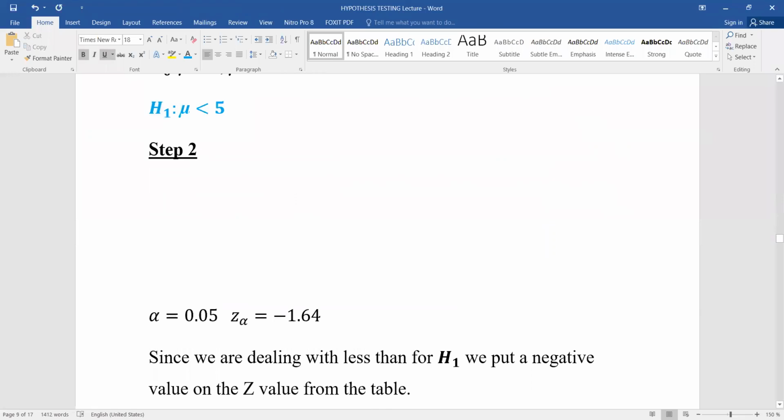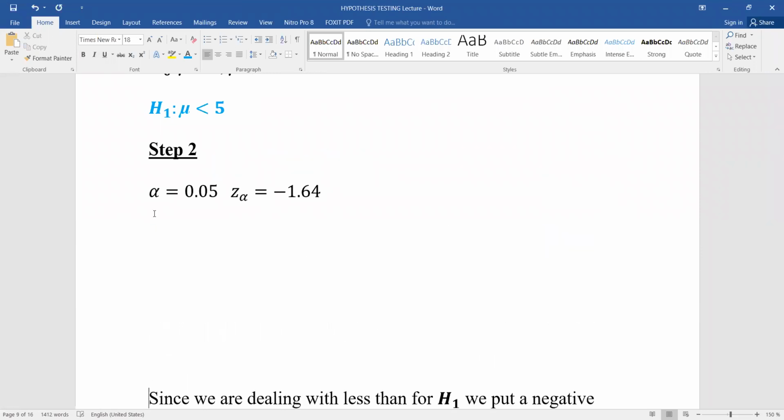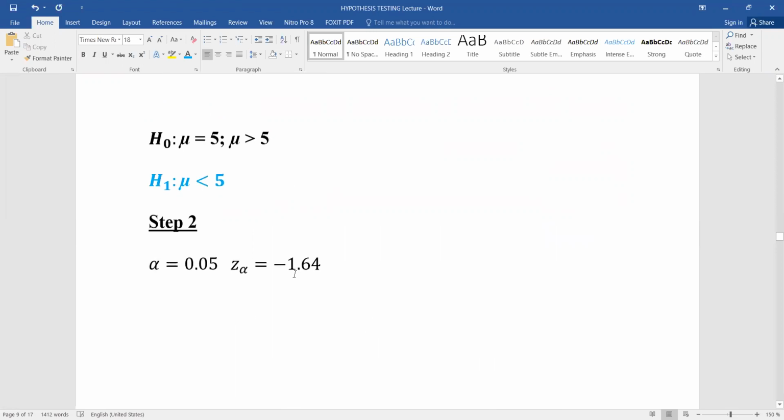So instead of saying alpha is equal to 1.64, we put negative 1.64.